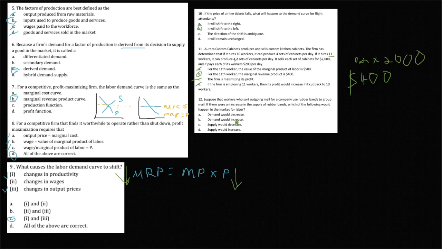All right. Suppose that workers who sort outgoing mail use rubber bands. If there's an increase in supply of rubber bands, which of the following would happen in the market for labor? The market for labor is marginal revenue product again.